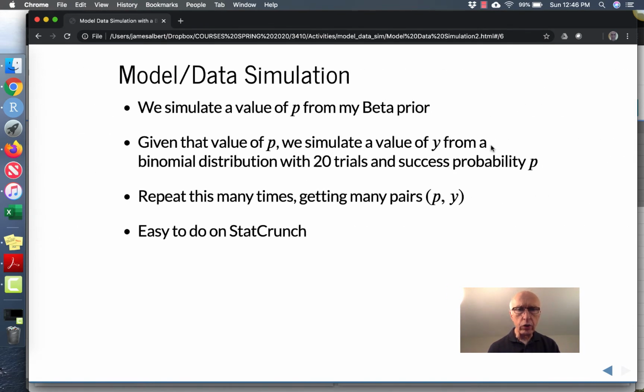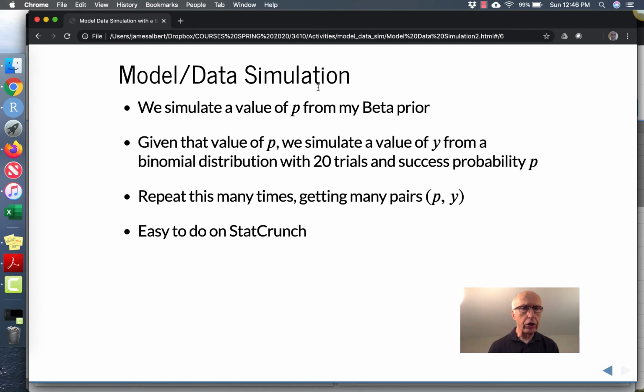So what we'll do on StatCrunch is simulate values of p from my beta prior, and for each value of p I'm going to simulate binomial values y that have 20 trials and success probability p. And by summarizing the values of y, I can learn about the predictive density.